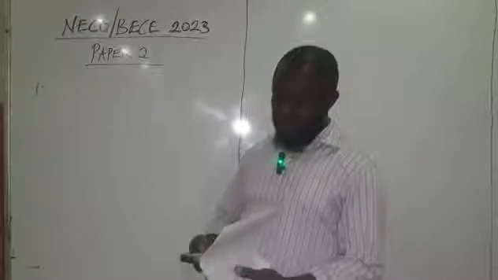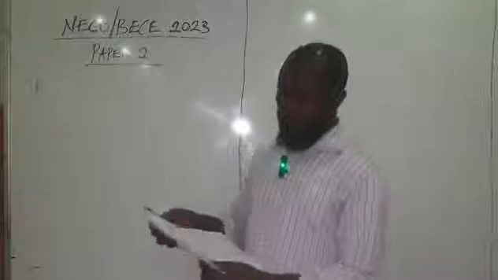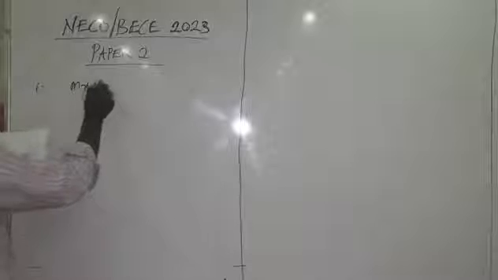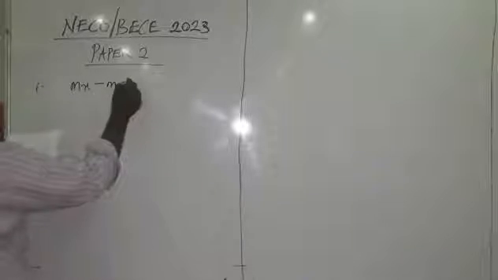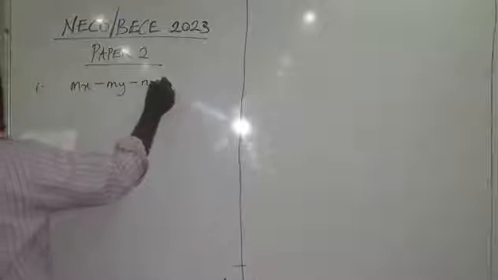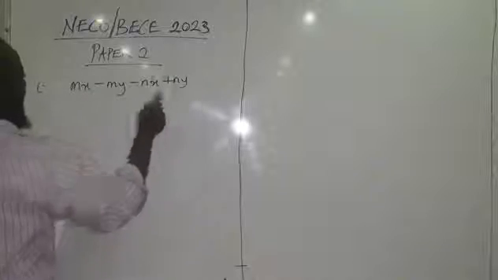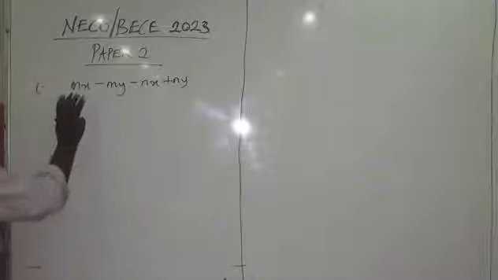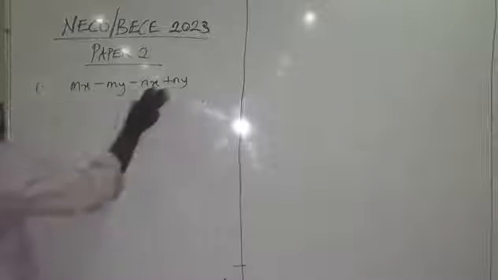The first question says, factorize mx minus my minus nx plus ny. From what you have on the board here, what do we want to do? We have four terms.